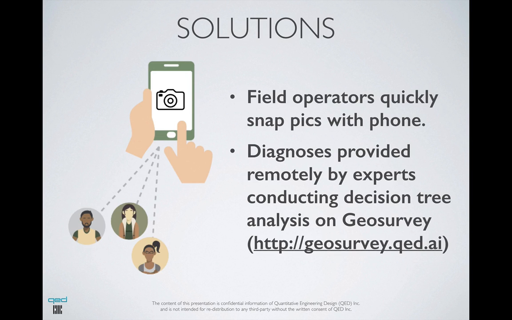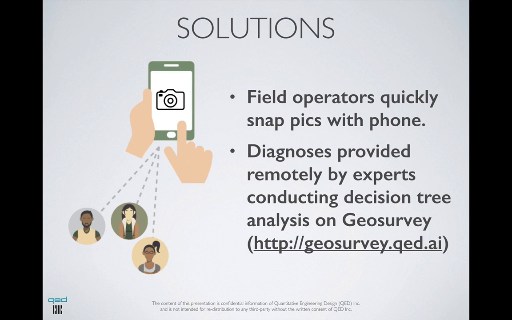So the technology solution that we've proposed is to make a very simple mobile app where field operators who don't have to have any domain knowledge can simply snap a picture of something that they may think looks wrong, and that picture is cached in the phone and uploaded via Wi-Fi to the Geosurvey servers.